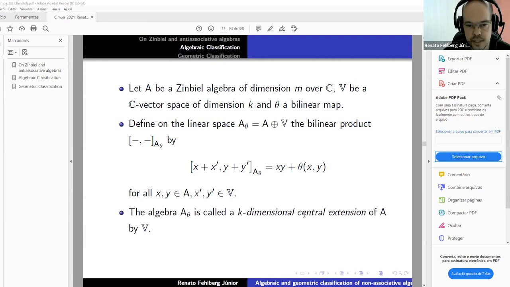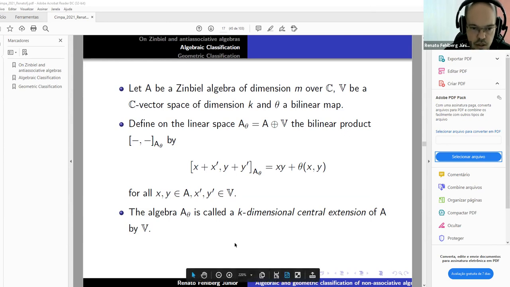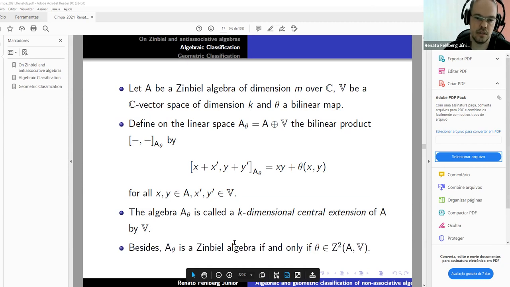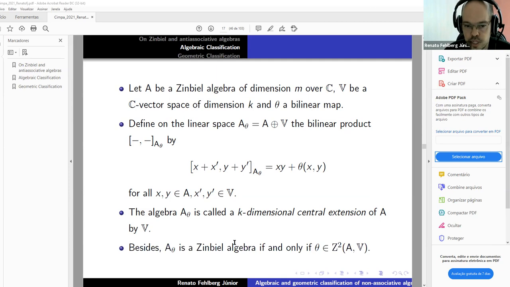And we call the algebra A theta a k-dimensional central extension of the algebra A by the vector space V. And we can prove that this new algebra A theta is a Zinbiel algebra if and only if the bilinear map is an element in Z2. Okay.